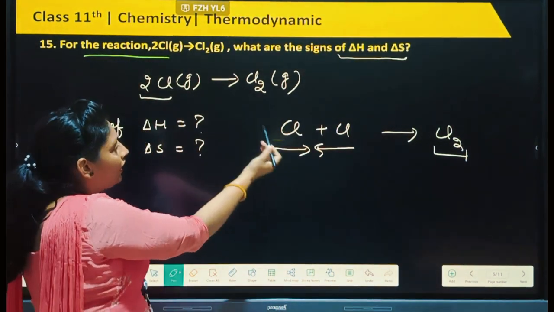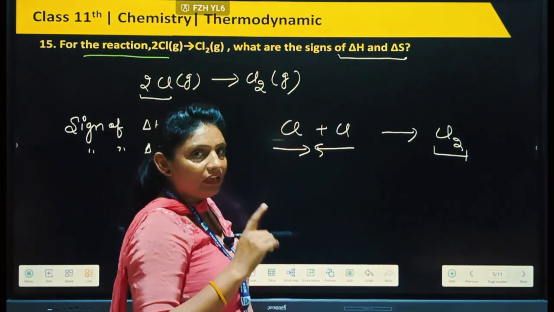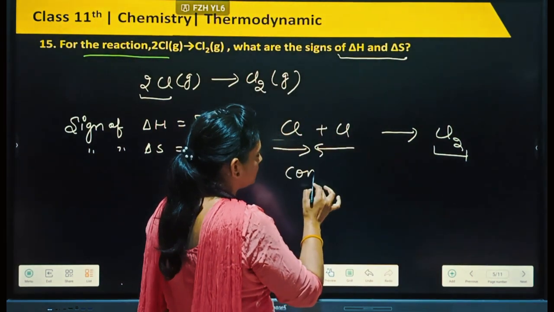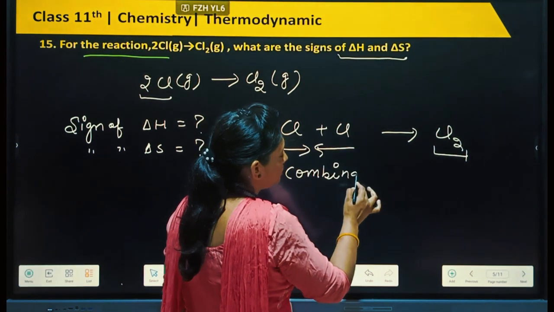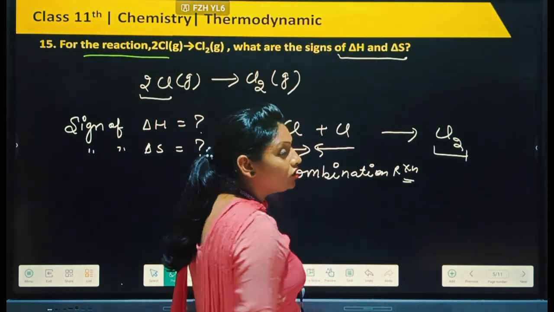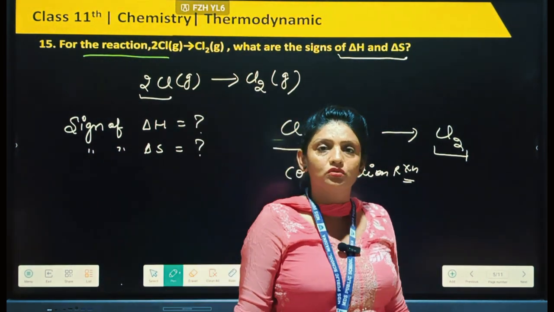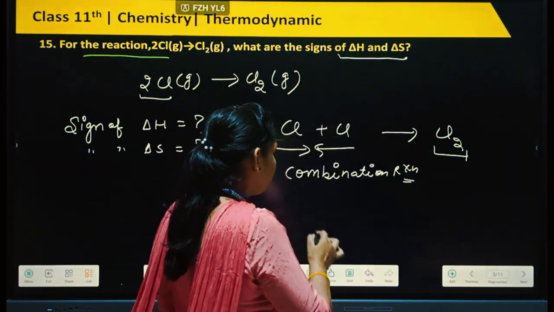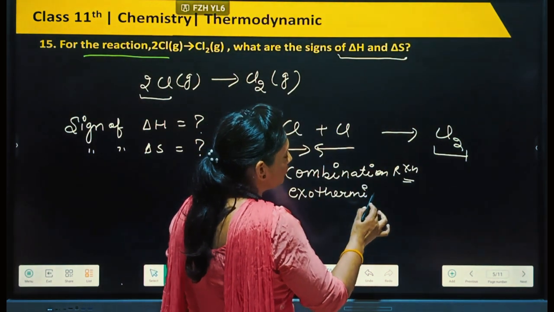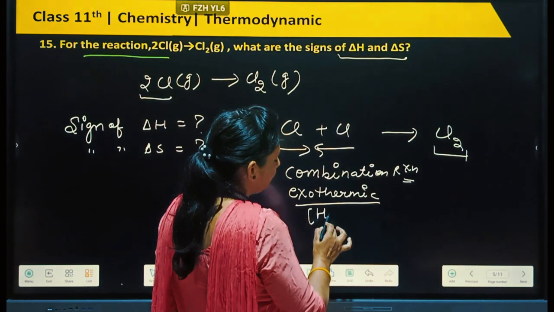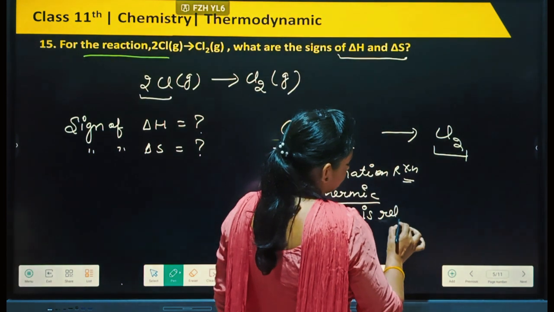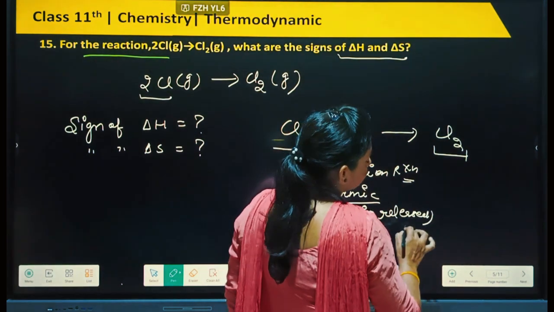So here we have two different atoms and we are getting a single one. It means it is a type of combination reaction. And students, almost all combination reactions are exothermic. Exothermic means heat will be released during this.